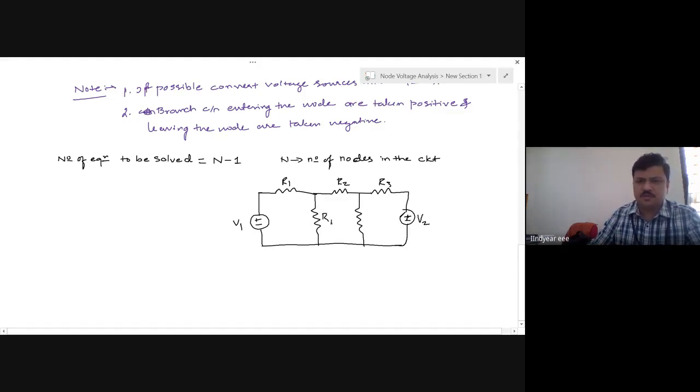Let this be R4 and R5. Now, when I observe this circuit, there is the possibility of converting V1 R1 into a current source, and V2 R3 into a current source. We can do that. Let us not go to that extent right now. First, we will look into the process of solution.